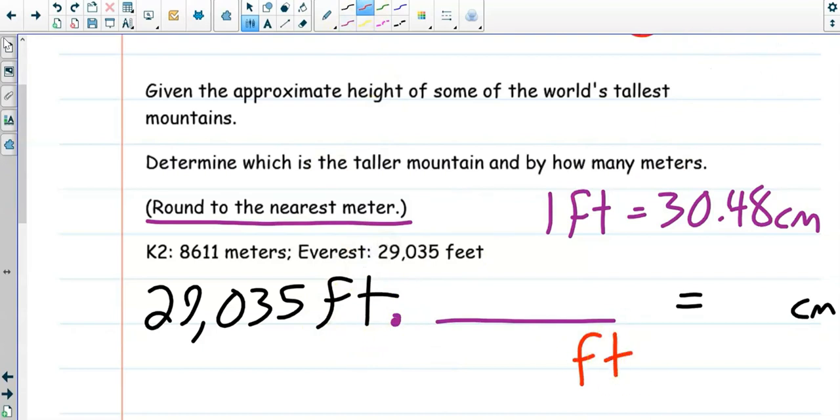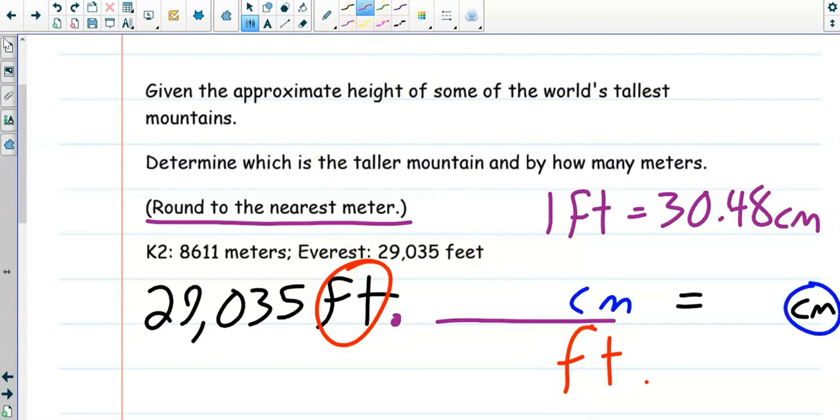Feet goes on the bottom, and we're looking for centimeters, so that goes on the top. Using our conversion, the 1 goes on the bottom because it's all about feet. The 30.48 goes on the top because that's all about centimeters.